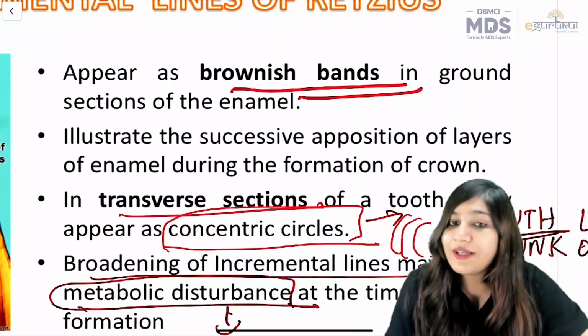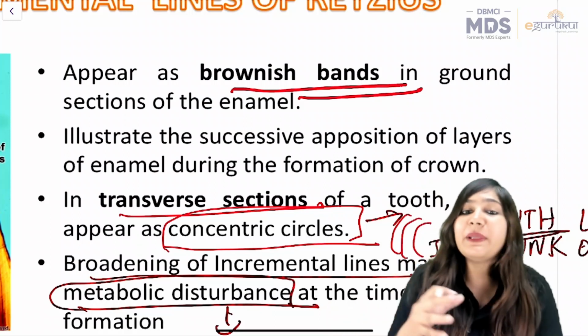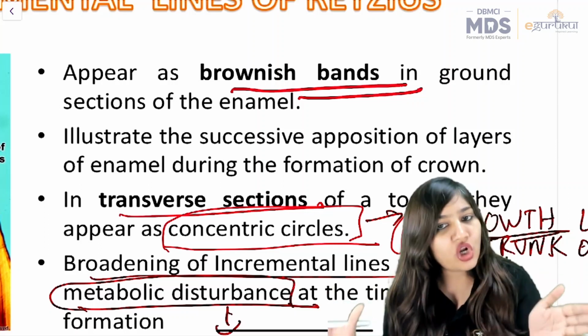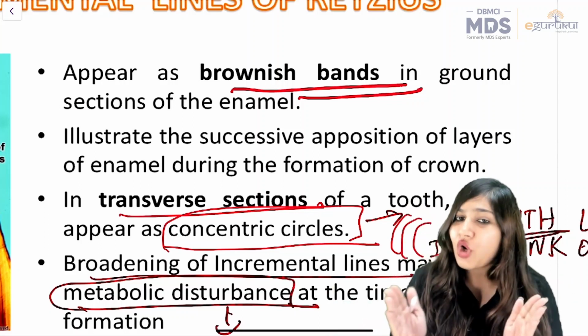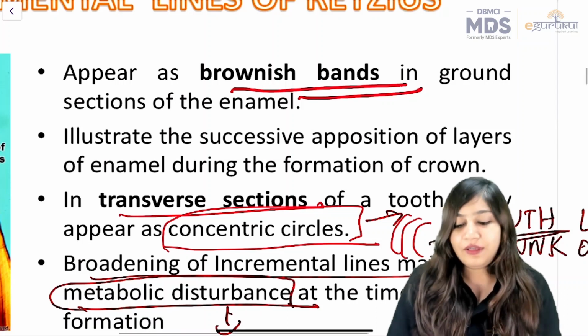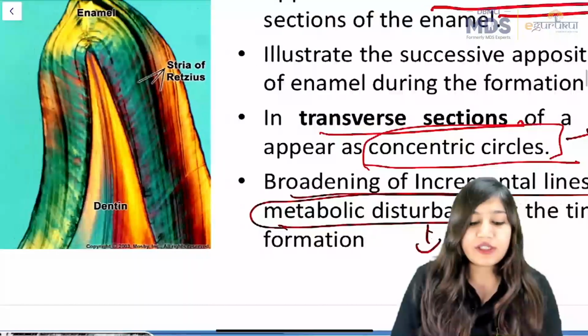They depict what? Incremental deposition of enamel with period of activity as well as period of rest. If period of rest is prolonged, then there will be broadening of incremental lines, which appears mainly because of metabolic disturbance at the time of matrix formation.